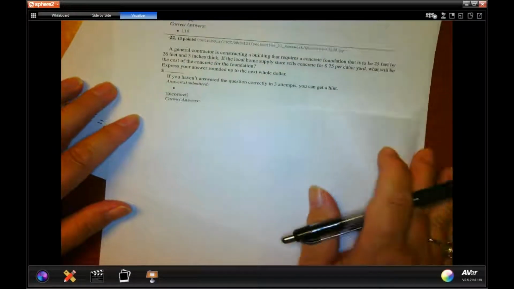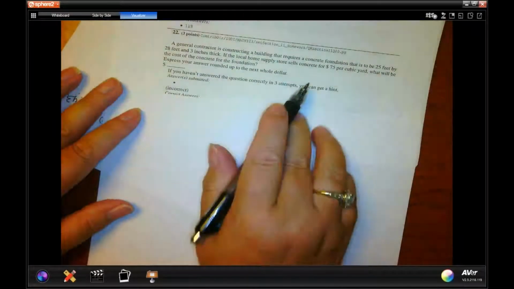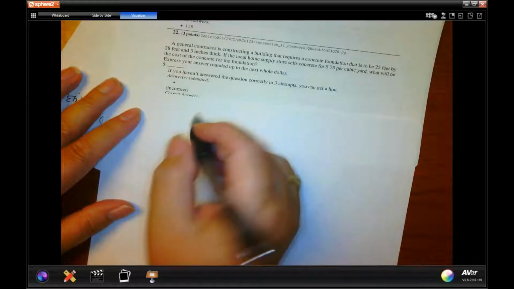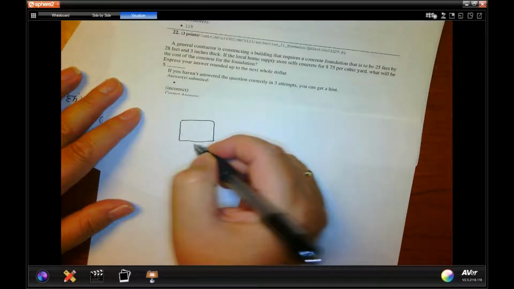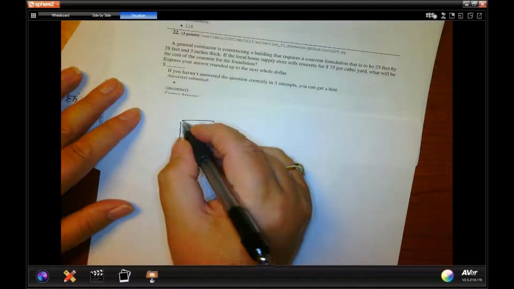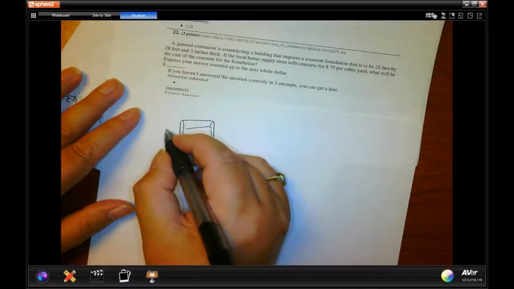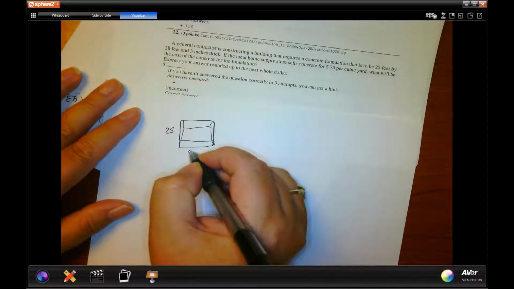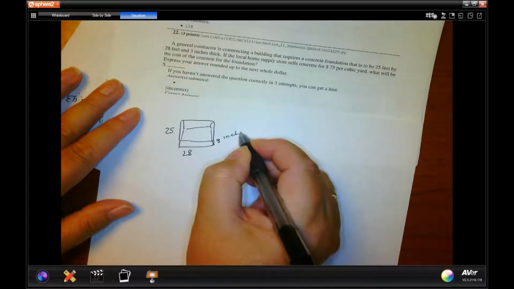Okay, 22. A general contractor is constructing a building that requires a concrete foundation that is 25 by 28 by 3 inches.